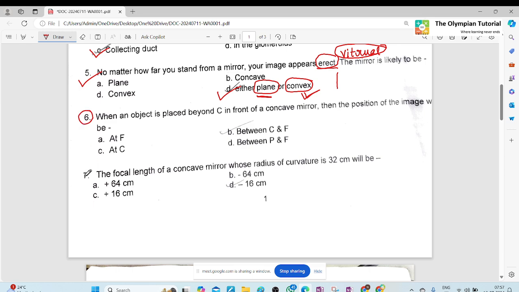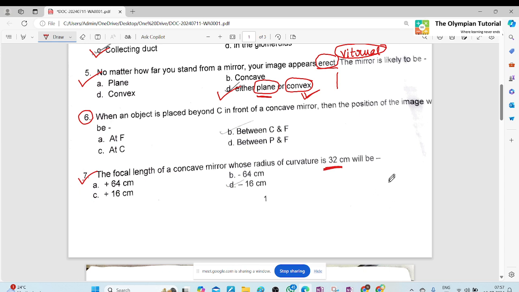Tomorrow I will discuss it. You discuss the seventh question now, Thanya. Ma'am, I don't know the answer. You read the question, I will help. The focal length of a concave mirror whose radius of curvature is 32 centimeter.